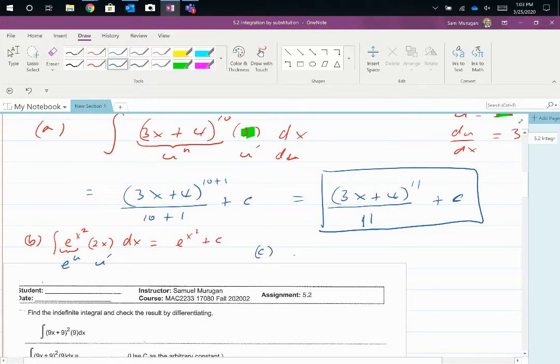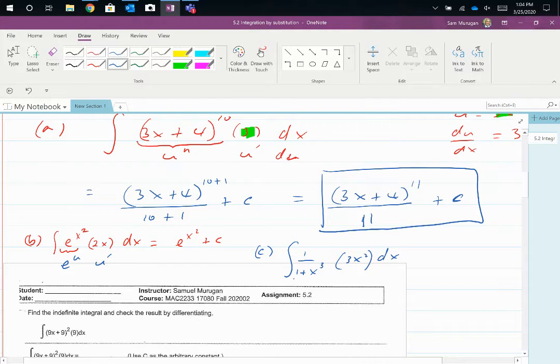Finally, part C, 1 over 1 plus x cubed times 3x squared dx.